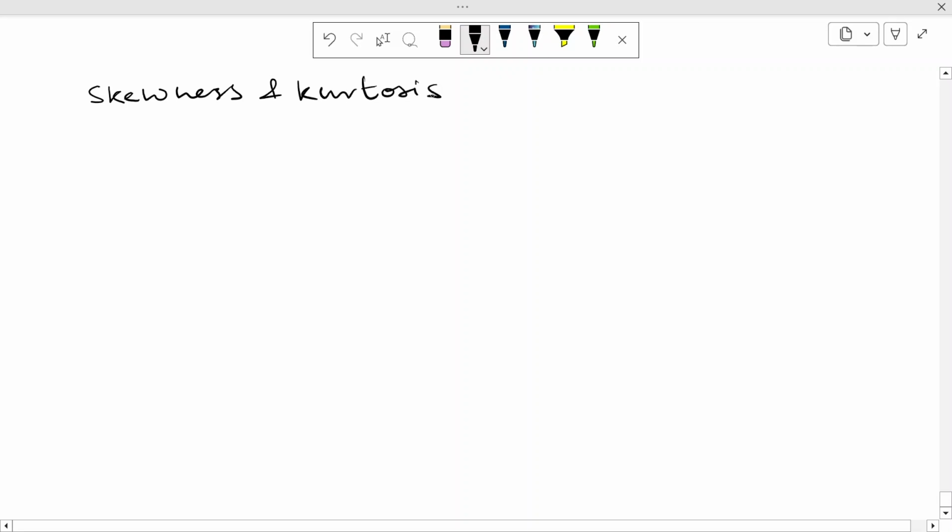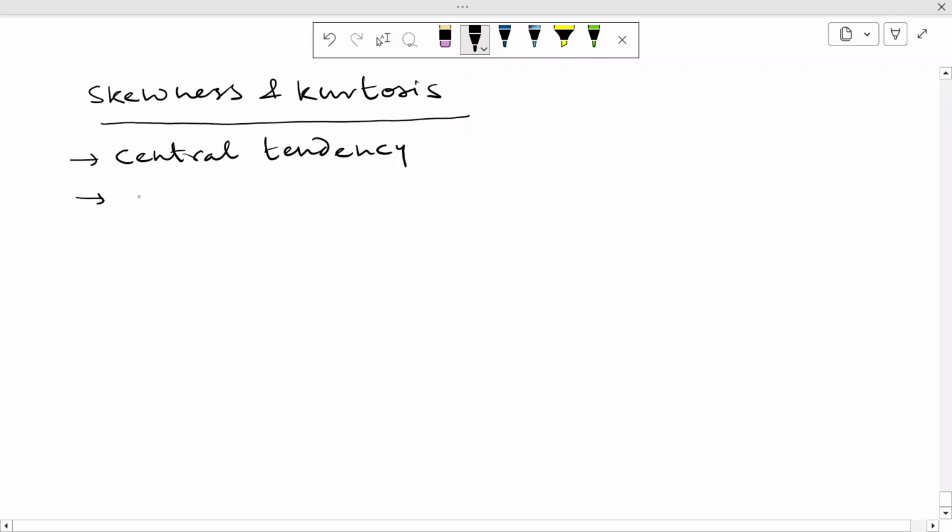Whenever we are studying data, we are looking for four major characteristics. The first one is the central tendency, so the first measure is the measure of central tendency. The second one is a measure of dispersion.